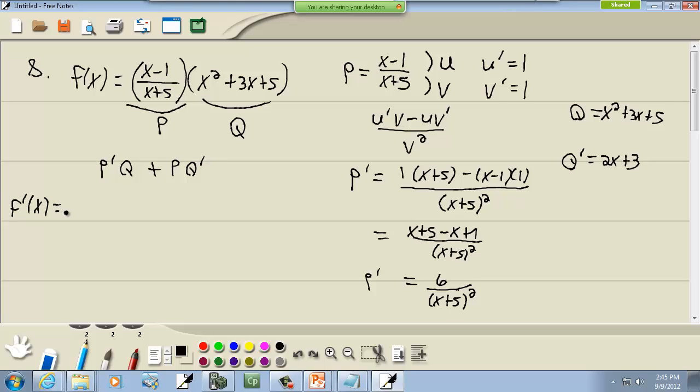So for our derivative, p prime was this right here. So we got 6 over x plus 5 squared times q, which is all this. So x squared plus 3x plus 5 plus p, which is this. So x minus 1 over x plus 5 times q prime, which is 2x plus 3.